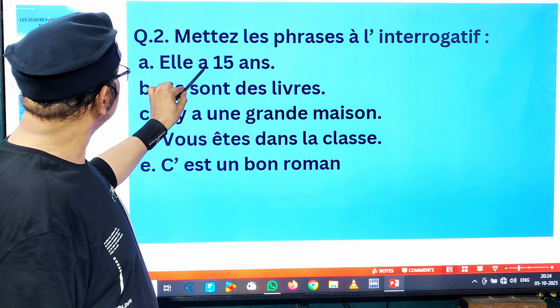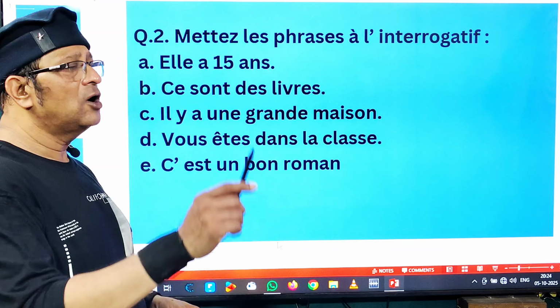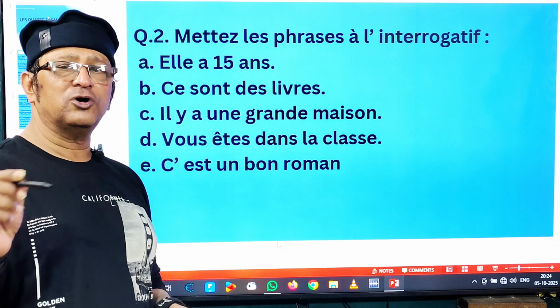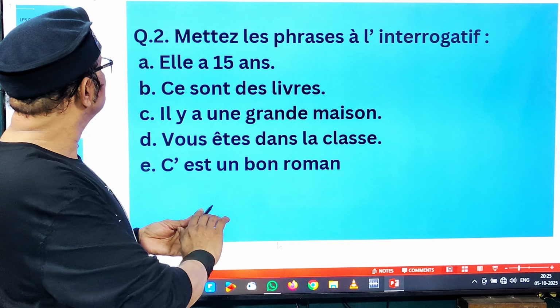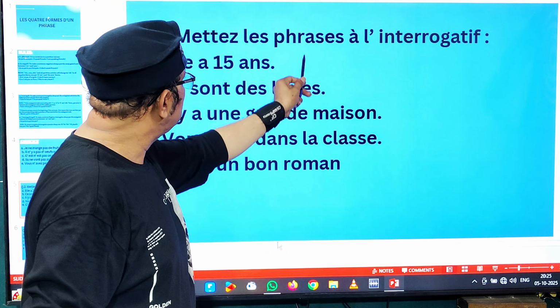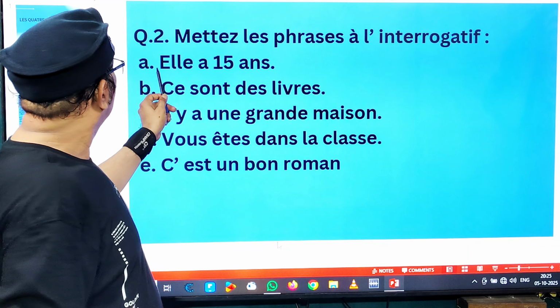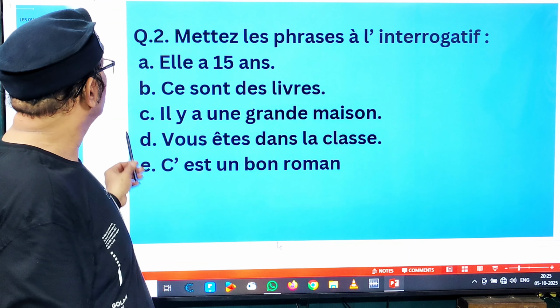A will come here, and the conjugated verb does not end with t. To make it interrogative, we have to put an extra t between the conjugated verb and the subject pronoun. So you write a, dash, t, dash, elle. A-t-elle 15 ans? And then don't forget to put a question mark also.